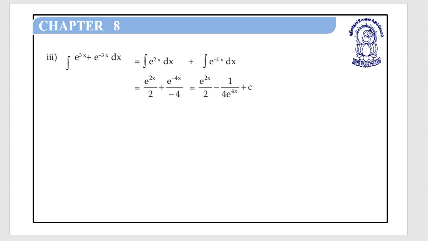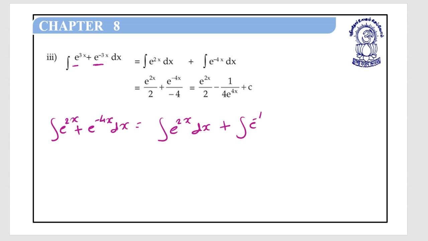Integration of e raised to 2x plus e raised to minus 4x dx. Okay, this is the question. You can write e raised to 2x dx plus e raised to minus 4x dx.